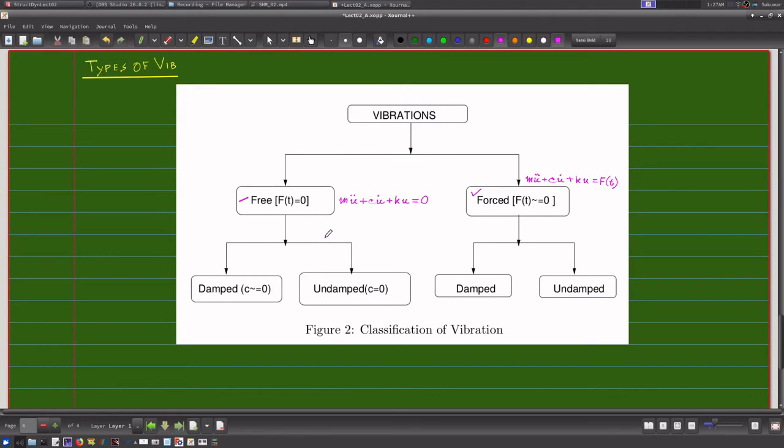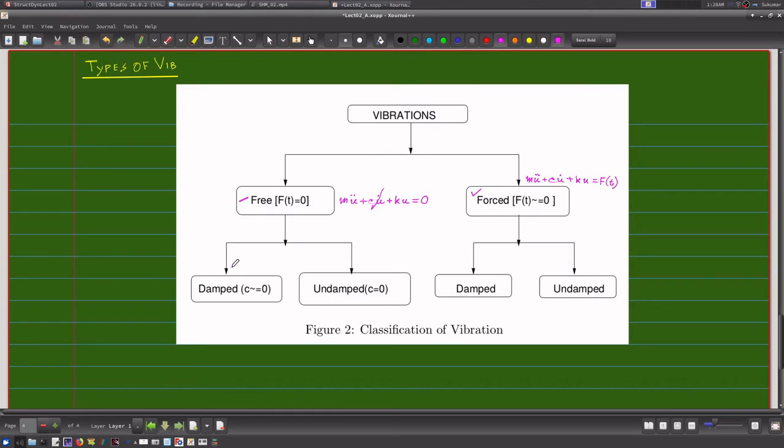Now, whether it is free or forced, in some cases I may not consider the energy dissipation term. If the energy dissipation is very, very small, say for many civil engineering structures like buildings where it vibrates, the loss of energy is very, very small. In that case I may take that this C is nearly 0, and I will just remove this term.